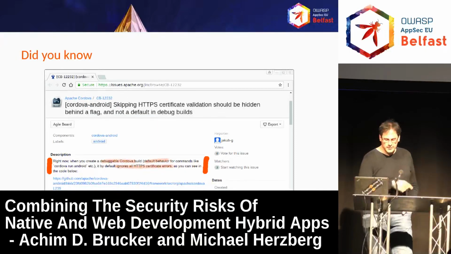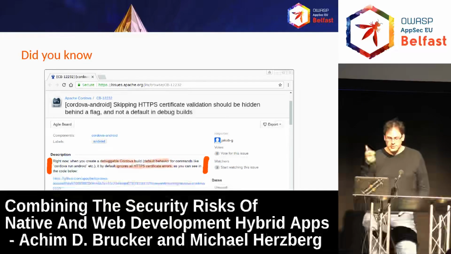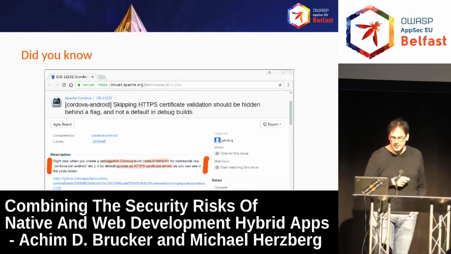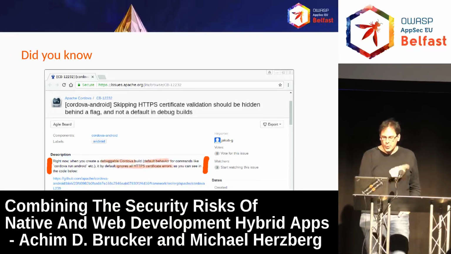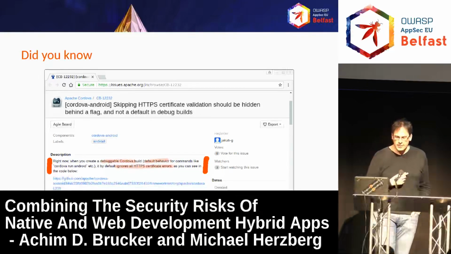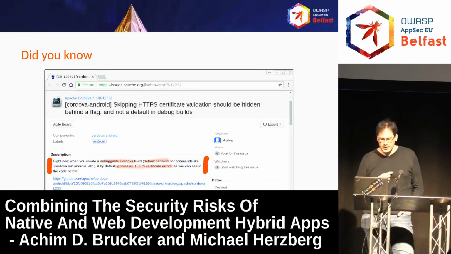So that's really a correlation between two options, wanting to debug an application and wanting to disable the SSL checks for certain testing purposes, which are now in one configuration flag, which is really not intuitive. And I guess not many people developing Cordova applications are actually aware of that behavior. So keep these kinds of strange behaviors in mind as well.